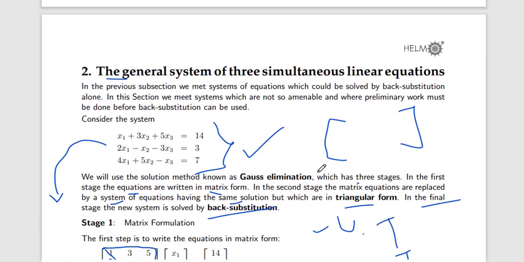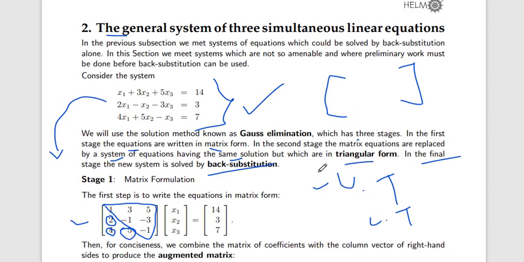So in Gauss elimination there are three stages. First, convert the system into matrix form. Then, by matrix addition and multiplication methods, we transform this matrix into an upper triangular matrix. Then with the help of back substitution we will get the answers for x1, x2 and xn. Okay, let's see.